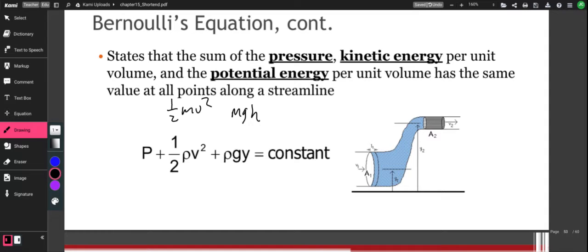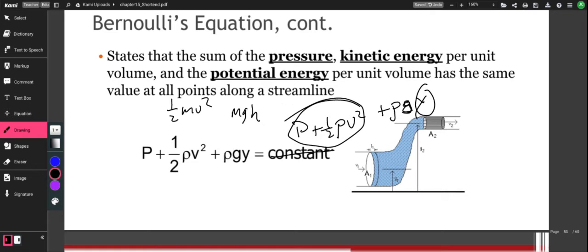Usually we see this equation written twice, so the constant would be P, the pressure, plus 1/2 rho v squared plus rho g y. If we gain elevation in y, then these two factors over here have to go down, or at least one of them has to go down. So these are the three terms that describe what's happening in the pipe: pressure, kinetic energy, and potential energy.